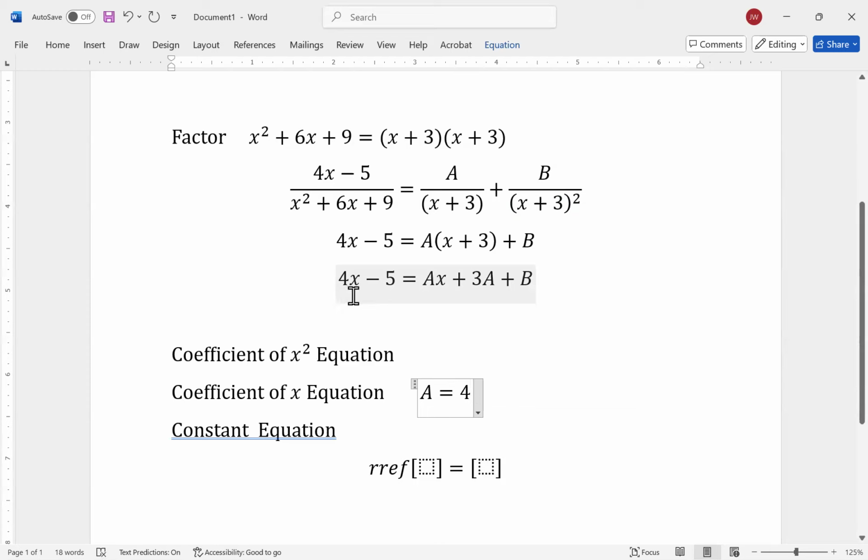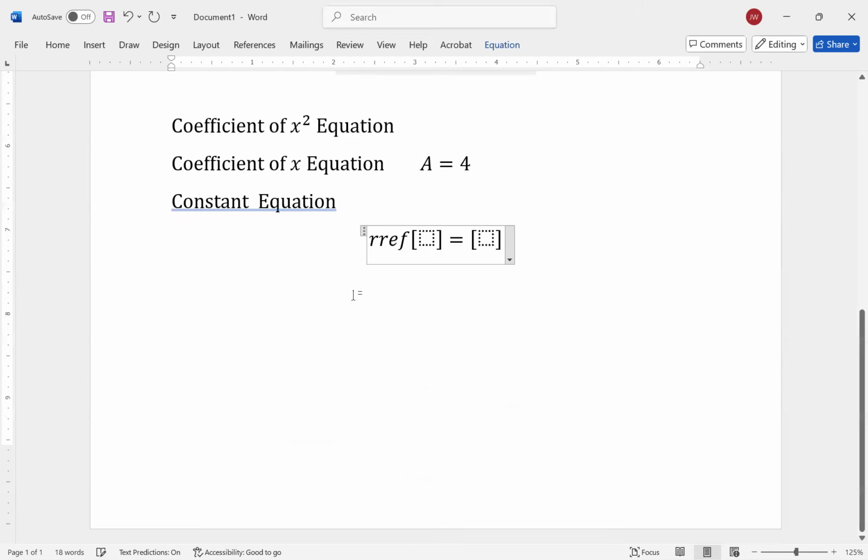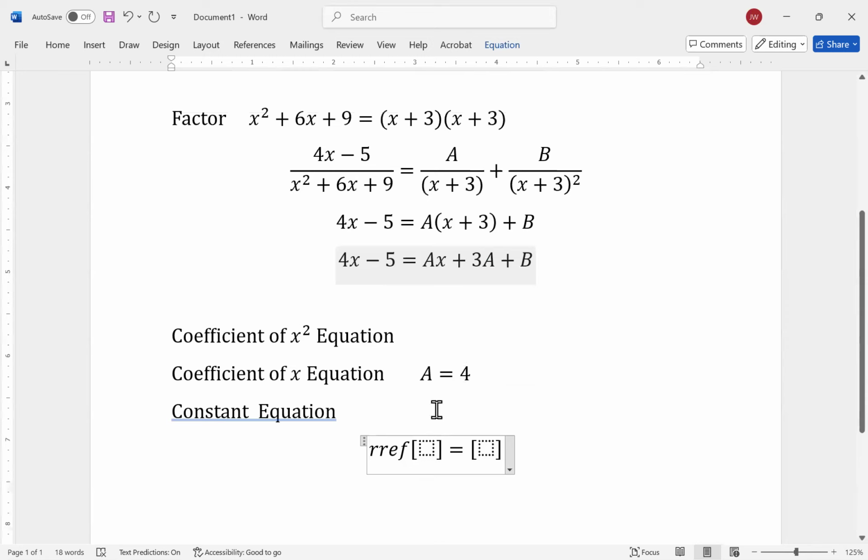So A has to be equal to 4 is what I get from the coefficient of x equation. The constant equation, I have 3A plus B on the right-hand side. On the left-hand side, I have -5.